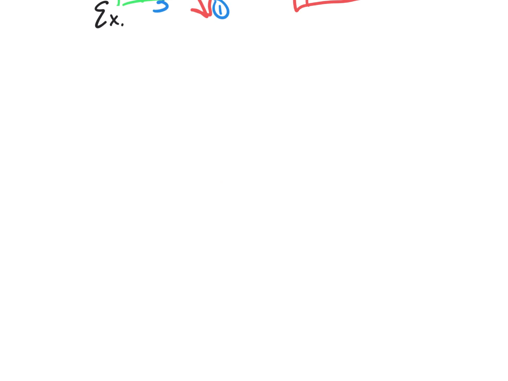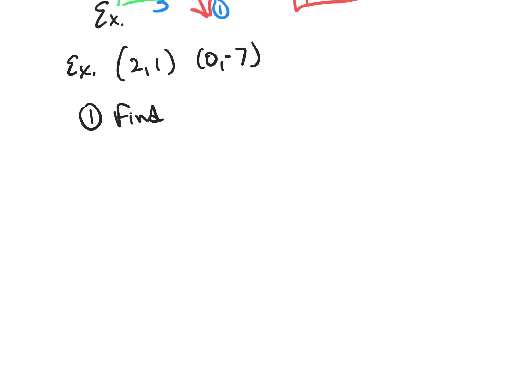Okay, so then what if they give us an example and they give us 2, 1, and 0, negative 7. So remember, the first thing is to find slope. Remember, this whole topic is writing equations. So I would recommend labeling xy, xy.